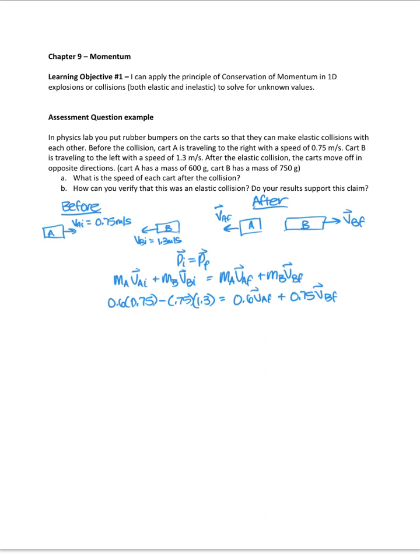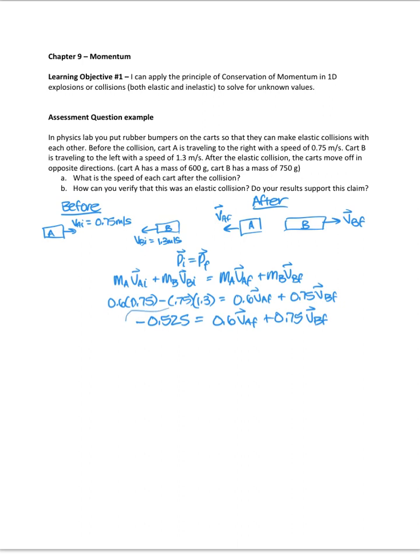I'm keeping them as vector quantities, and I will let the signs work themselves out when I do my math. But I did put in the values for the masses. When I do the calculations on the left-hand side, I get minus 0.525, and this is equal to 0.6 VA final plus 0.75 VB final.